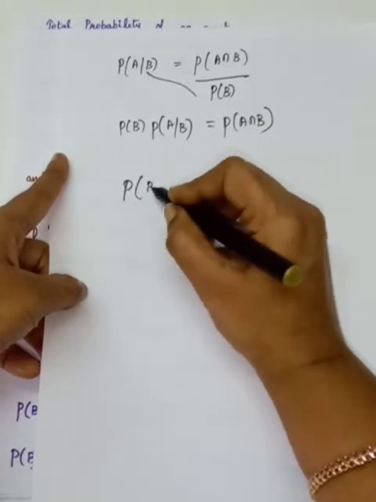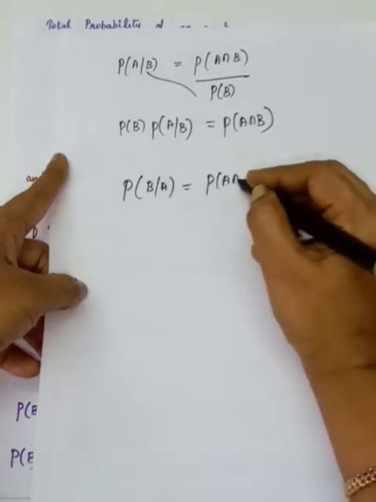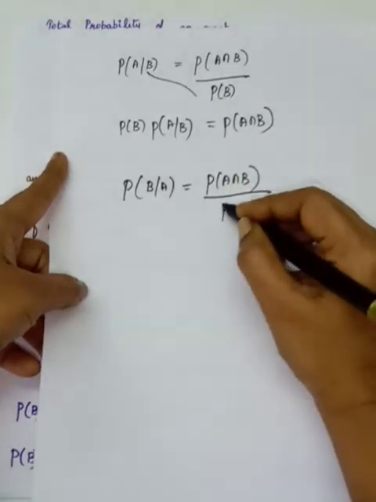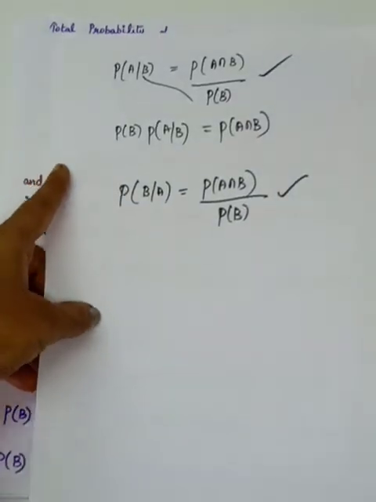P of B by A is P of A intersection B divided by P of A. So these two are the definitions of conditional probability.